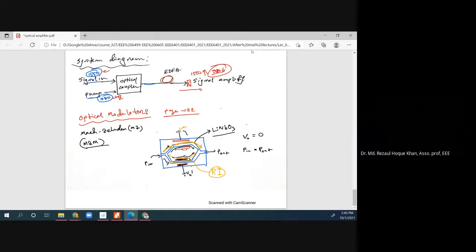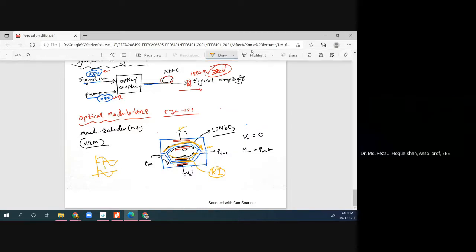Means the two versions of this signal, 1 and 2, when they combine, they do not combine constructively. One signal arrived at this point uninterrupted, the other a little bit slower because you increased the refractive index. What will happen?